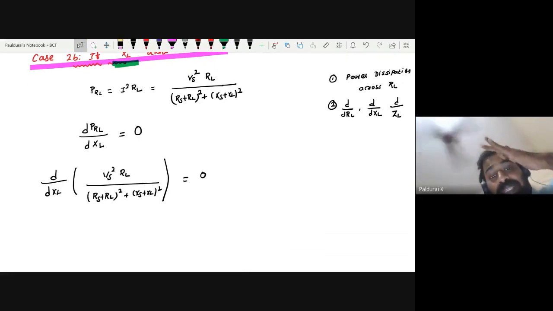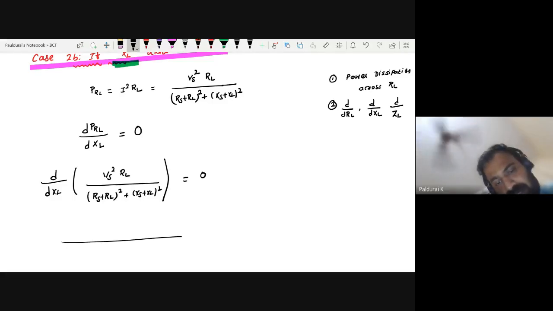Now can you differentiate with respect to XL this time? It's very simple. The denominator is (Rs plus RL) squared plus (XS plus XL) squared, the whole squared.